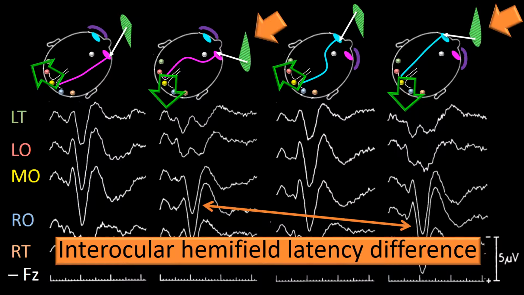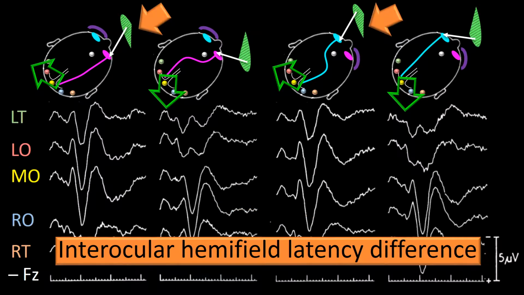The cream arrow indicates the P100s being compared, that is the latency of the right eye RO P100 with the latency of the left eye RO P100. Now in this frame, the arrows point to the stimulation of the left visual field of each eye.